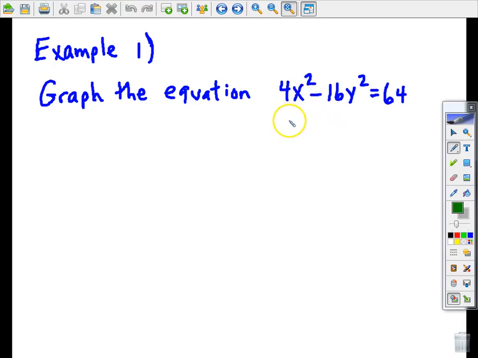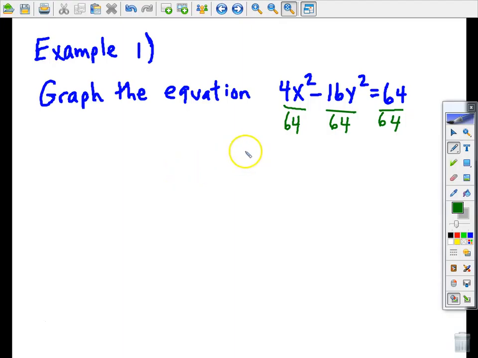So, here's a similarity. With ellipses, we said that before we could graph this, we need to convert it into its standard form, which meant it had to equal 1. That's also true for hyperbolas. So, the first thing I'm going to do is divide everything by 64. So, this is just like you did with ellipses.